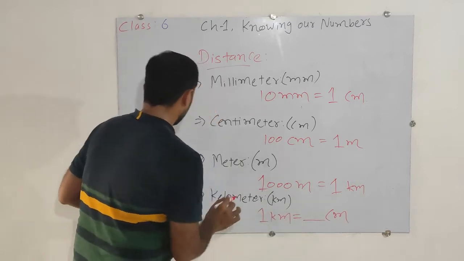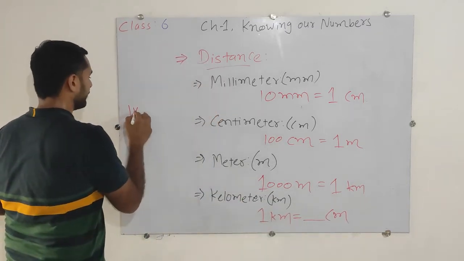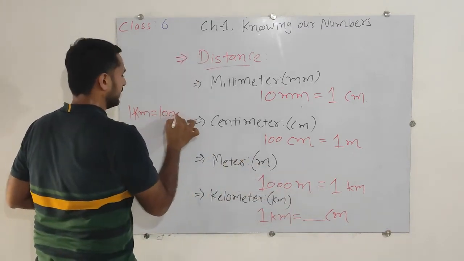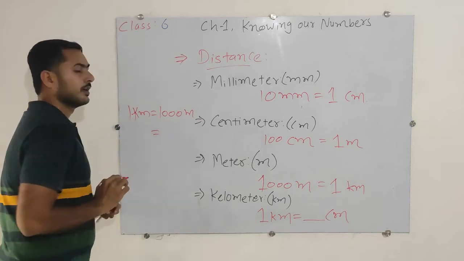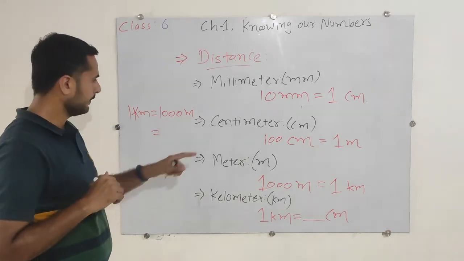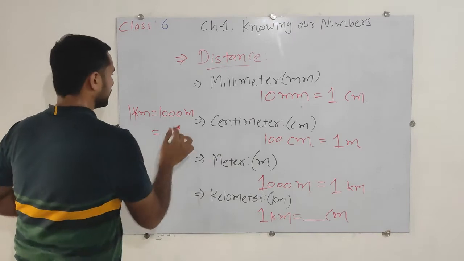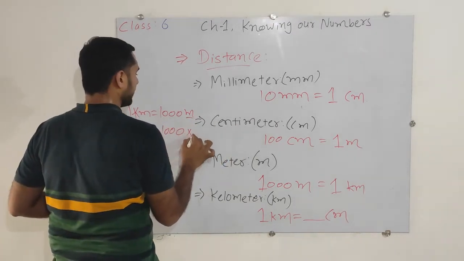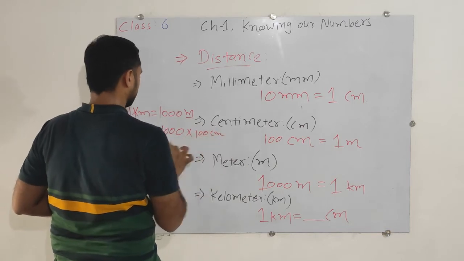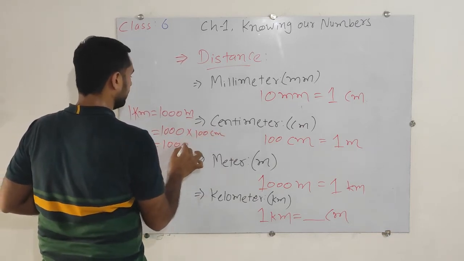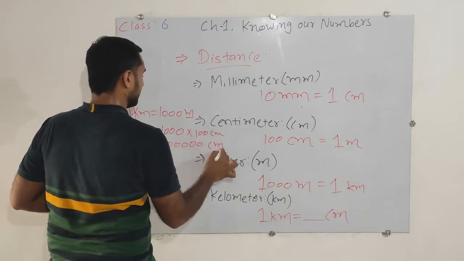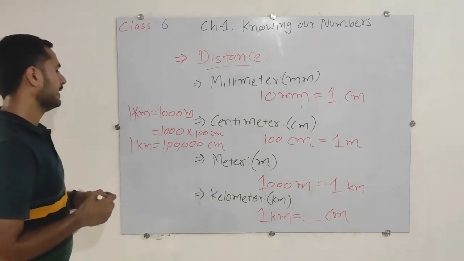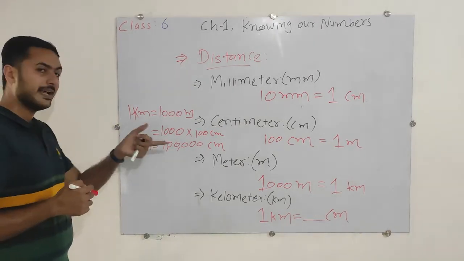We have 1 kilometer is equal to 1000 meter. Now 1 meter is equal to 100 centimeter, so in place of meter I can write 100 centimeter. So 1000 multiplied by 100 centimeter is 100000 centimeter. So 1 kilometer is equal to 1 lakh centimeter.